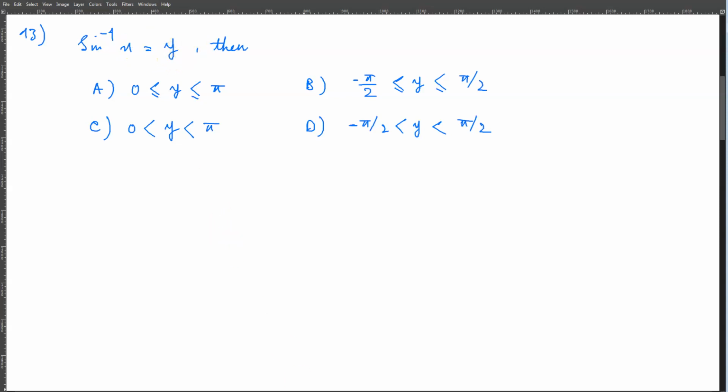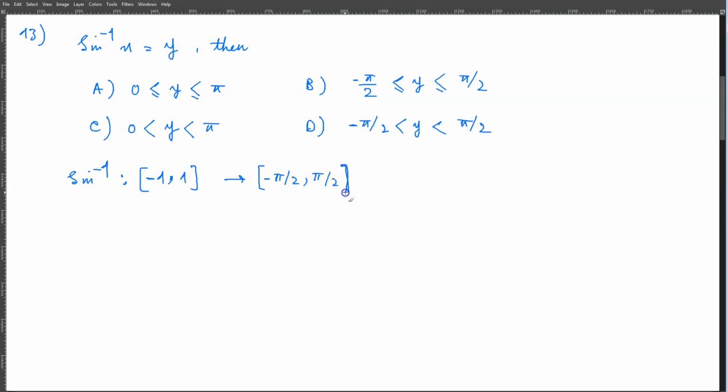We know that the sine inverse function is a function that goes from negative 1, 1 to negative pi by 2, pi by 2.